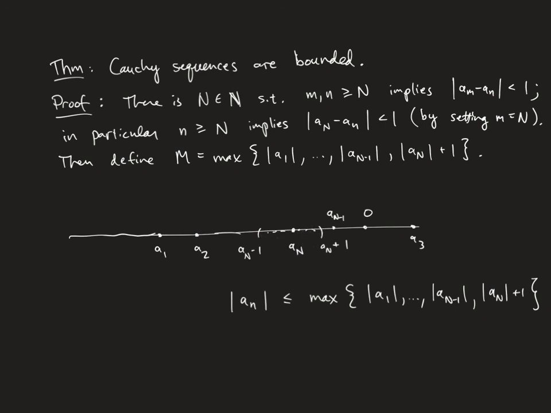So if little n is equal to 1 up through big N minus 1, then we have the absolute value of a sub n is less than or equal to M by definition.